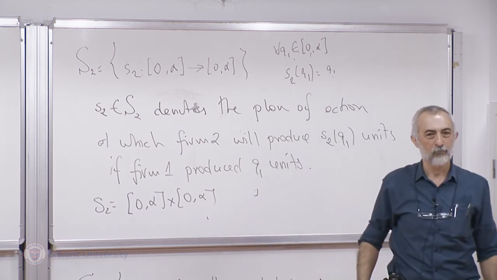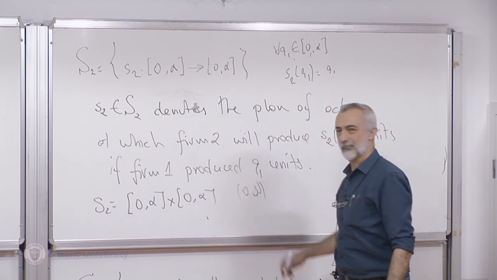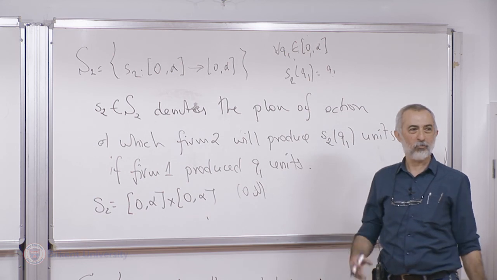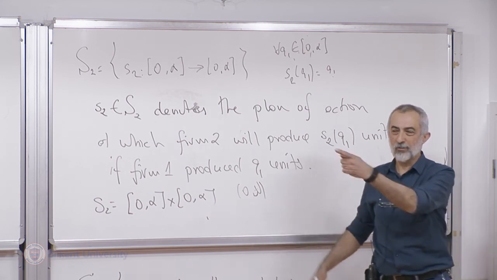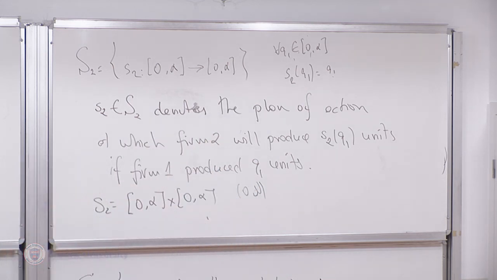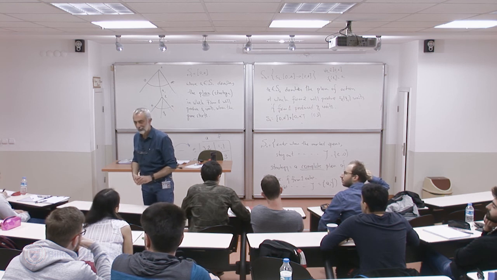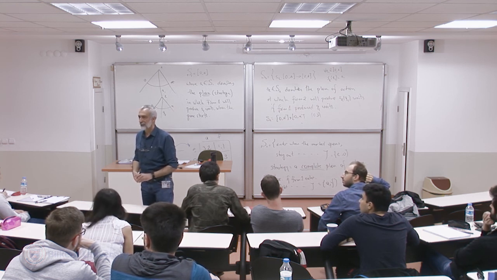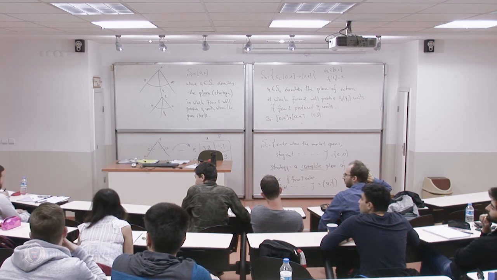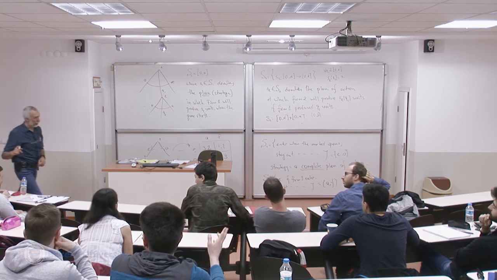Yes. For example, 0, 0 is a strategy in S2. What does that mean? For somebody who said yes, what does that mean? Actually, I thought that the first one meant that, if you interpret it like that, it might work, but when you denote it like this, I guess it doesn't.